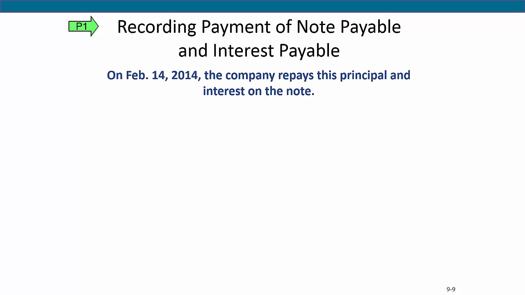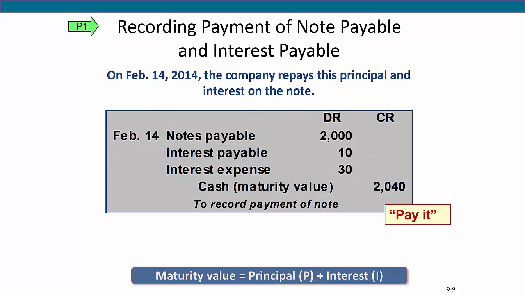Now let's complete our example by making the entry to record the payment of the note and interest. And be careful, this one is a little tricky. The note falls due and is paid in full on February 14, 2016. We saw in the earlier example that our company owes $2,040 for the principal and interest.